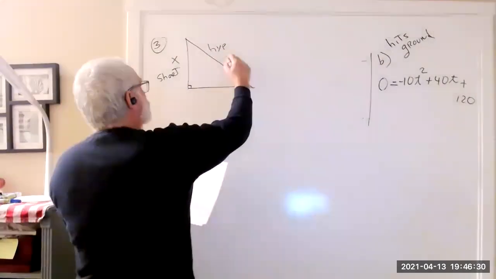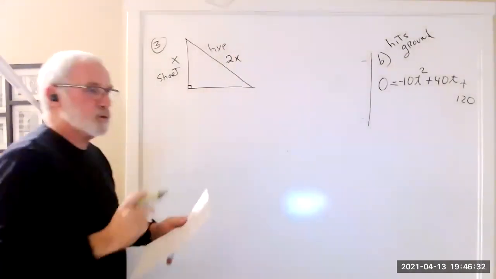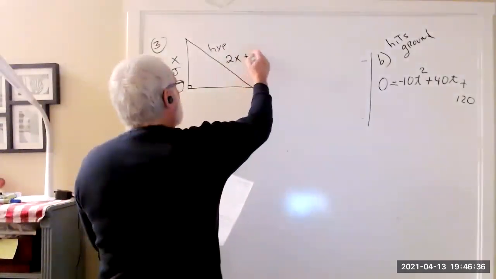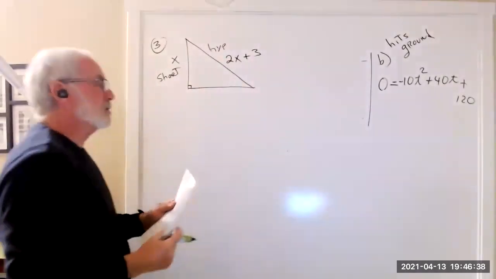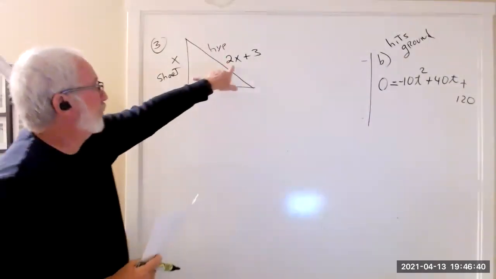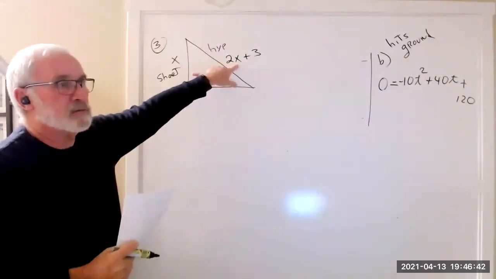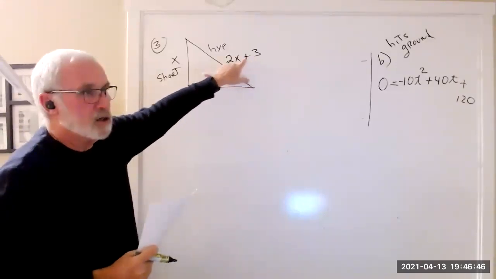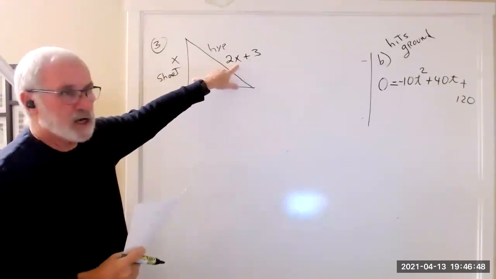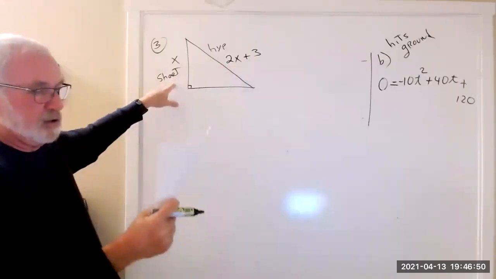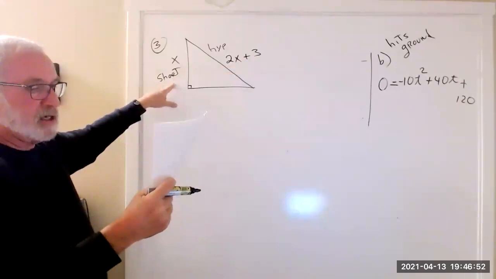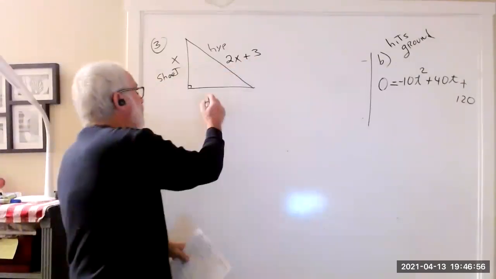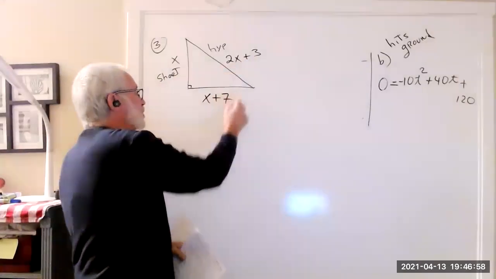Twice means 2 times, and 3 more means plus 3. So this is the expression we're going to use for the hypotenuse: 3 more than twice the short side. The second leg is 7 more than the short leg, so this will be X plus 7.